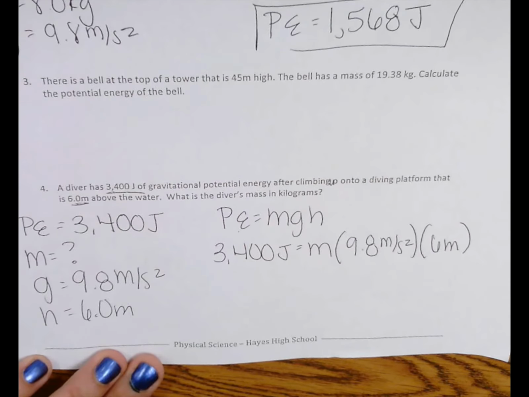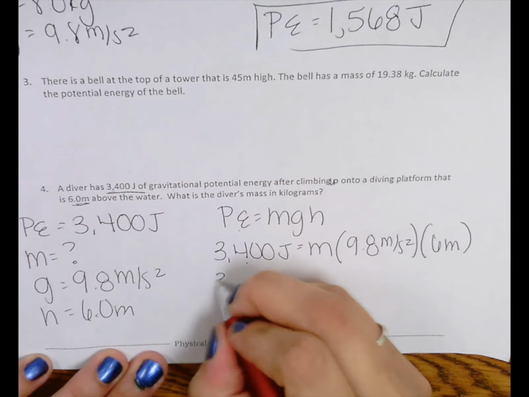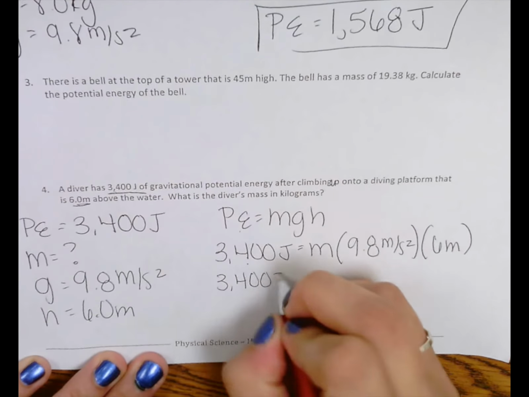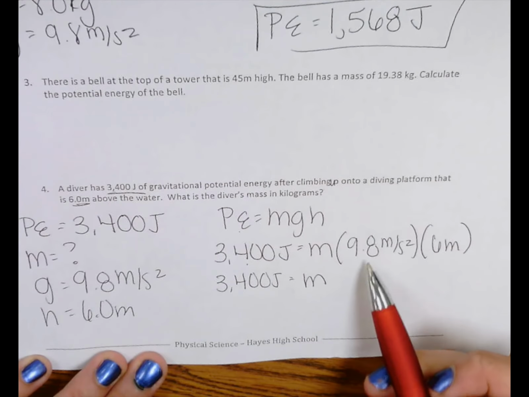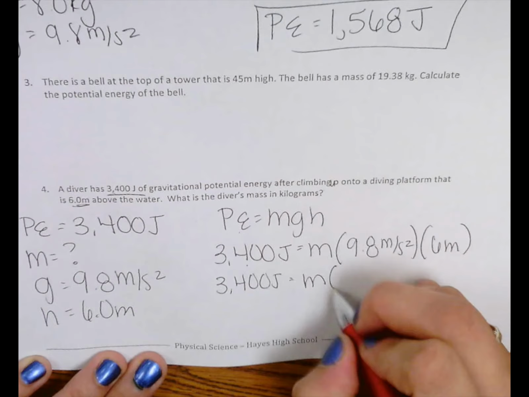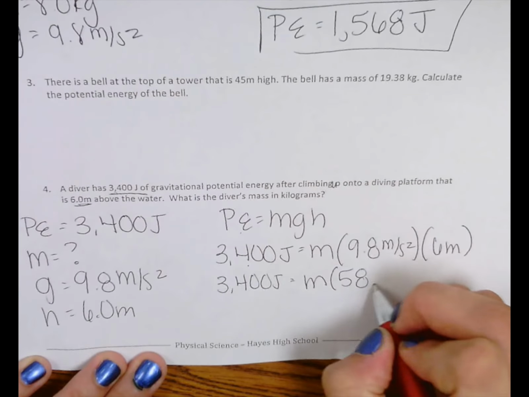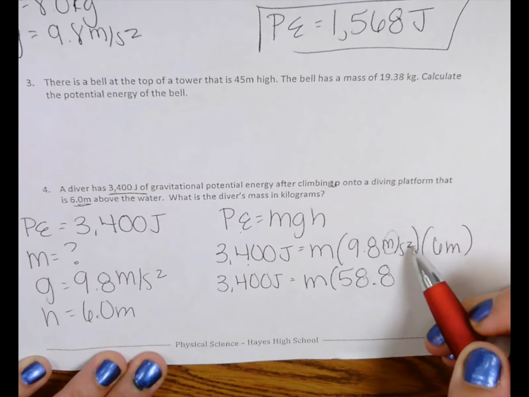So let's go ahead and just combine our like terms. This side's going to stay the same. We're going to have 3,400 joules. Mass is connected, but we can go ahead and multiply 9.8 times 6. 9.8 times 6 gives us 58.8. Those meters are going to stay.